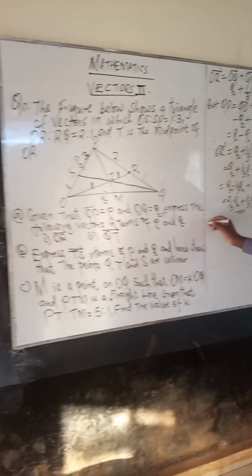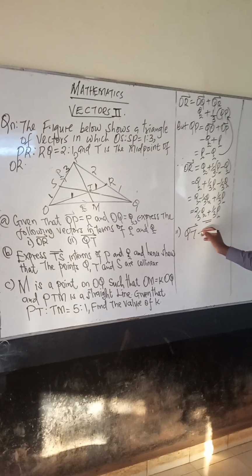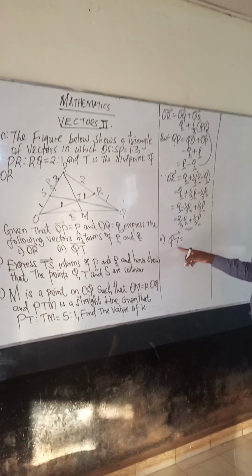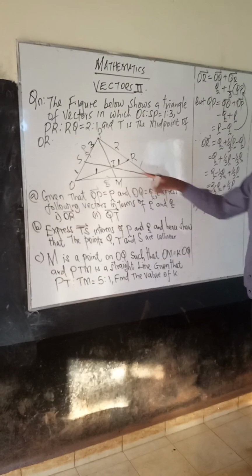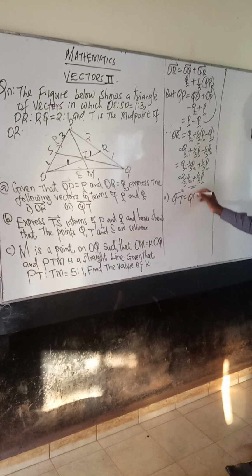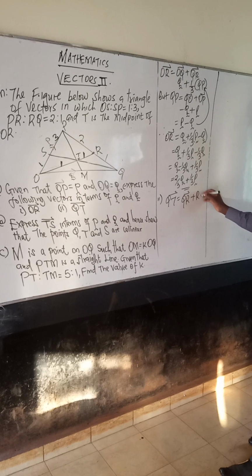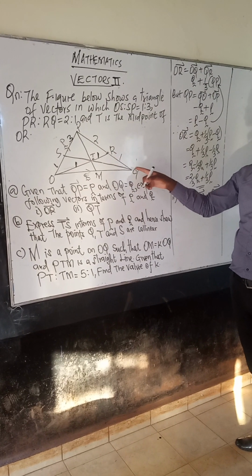Then we go to Roman 2. We need to find vector QT. You are starting at Q, you want to end at T, so you can go QR plus RT. What is QR? We have the ratios.